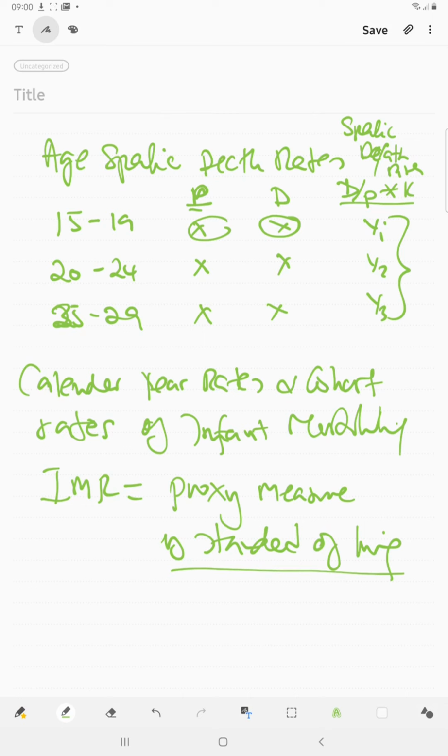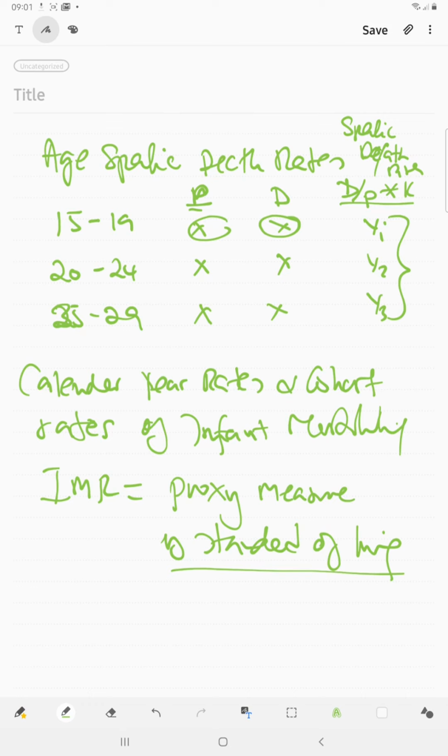That's why in most developing countries, mortality rates of the children are very high. Why? Because of poverty, standard of living is very small, and because the standard of living is very small, a lot of people die.